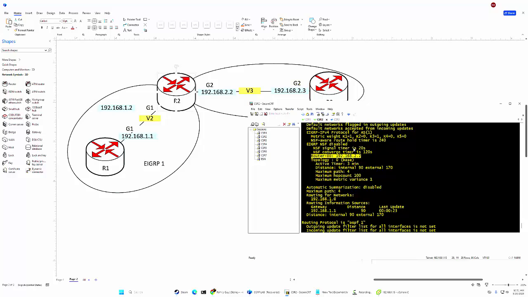Well, the same thing is in EIGRP. They must be unique from a perspective of it being in the same domain. If your router IDs are the same, EIGRP will not exchange routes.